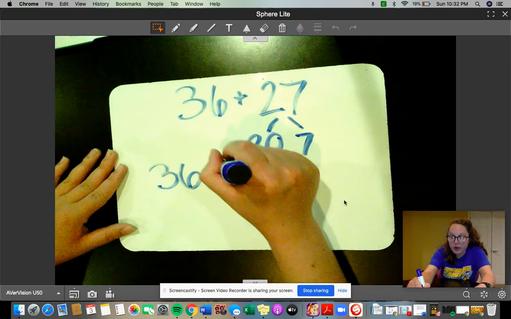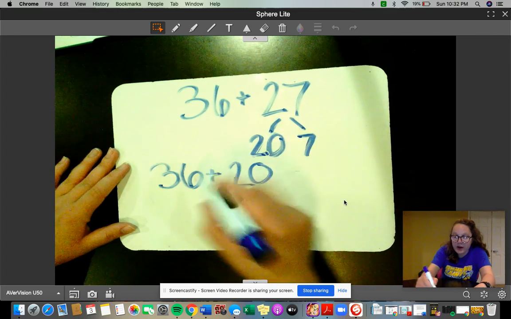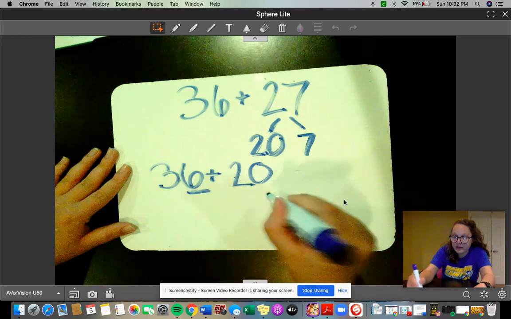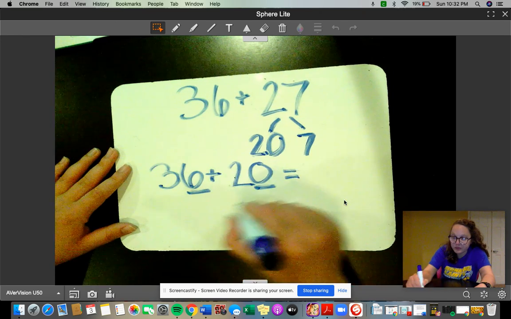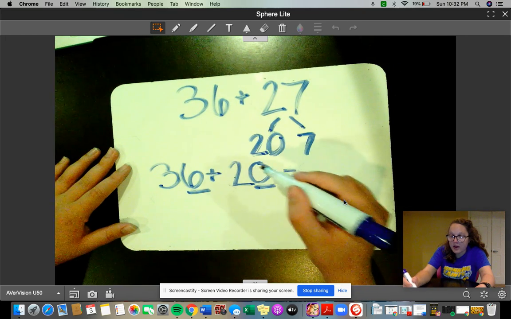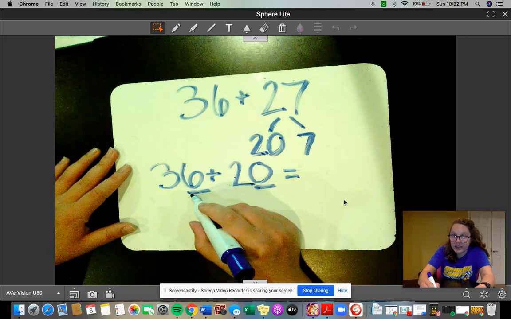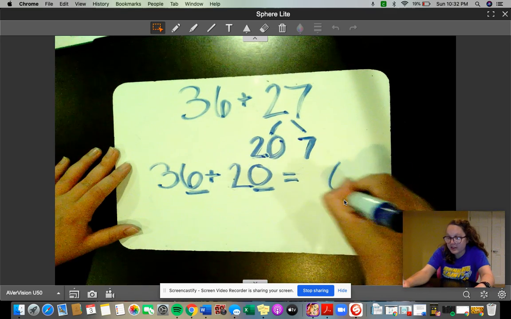So we're going to actually add the 20 first. And I'm going to look at my ones and see that there is a 0 and a 6. So I'm going to add those together to make 6.